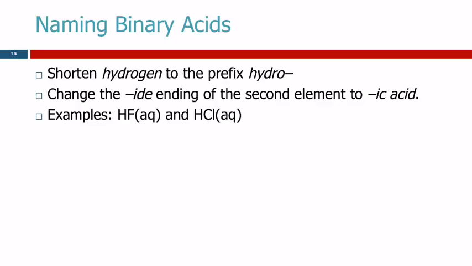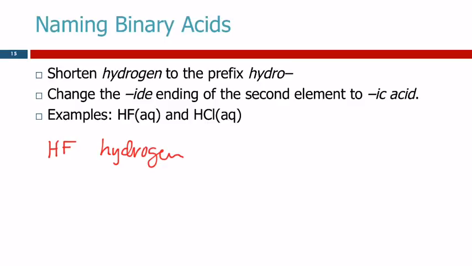So let's look at HF. If we had HF with no indication of it being dissolved in water, we would call it what? Hydrogen fluoride. You might say, well, why not hydrogen monofluoride? Well, that's a good question.